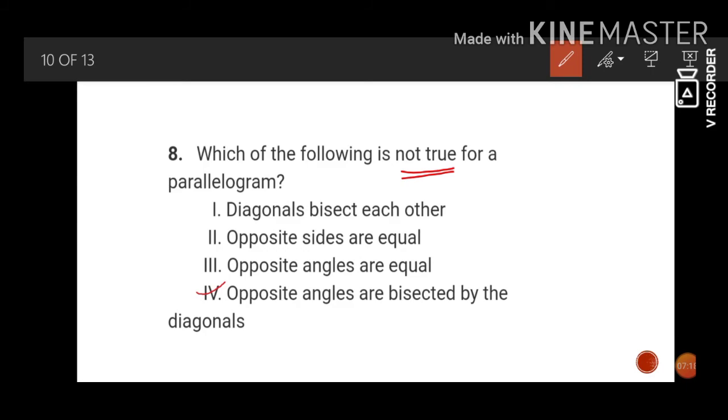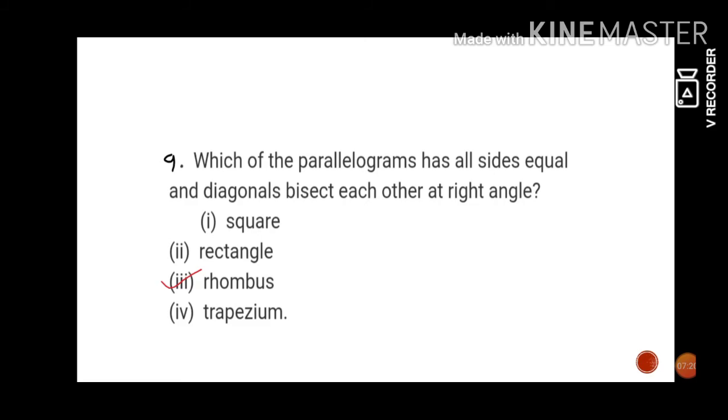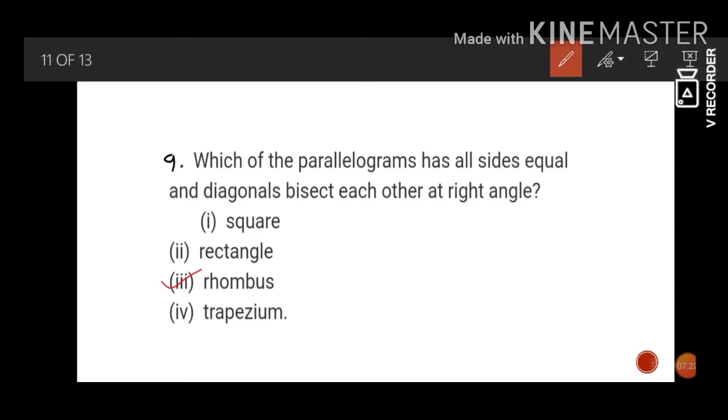Then question number 9, it says, which of the following parallelograms has all sides equal and the diagonals bisect each other at right angle? So here also, if we see page number 151 of the summary, point number 6, we can see the diagonals of a rhombus bisect each other at right angle and vice versa.